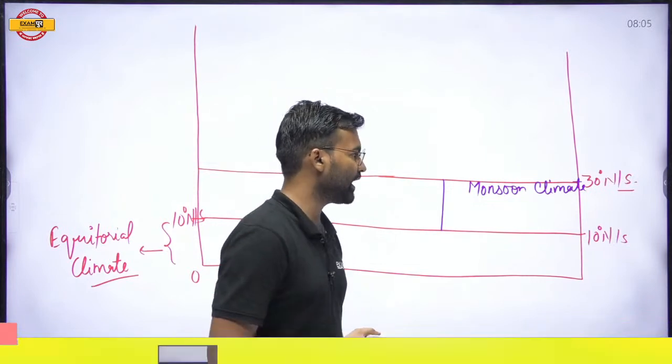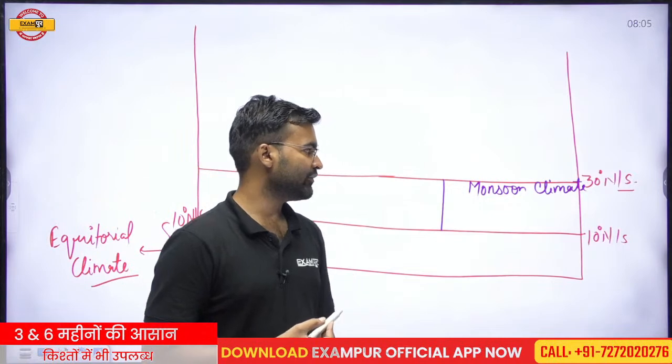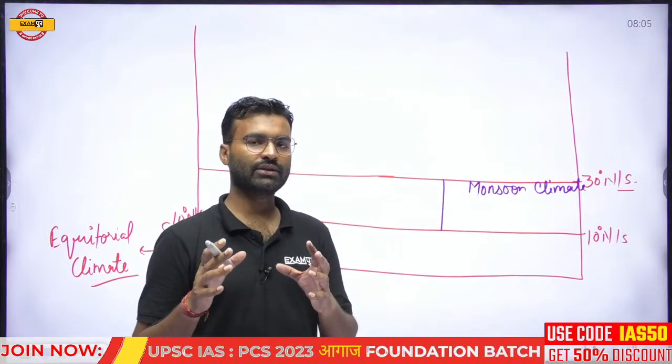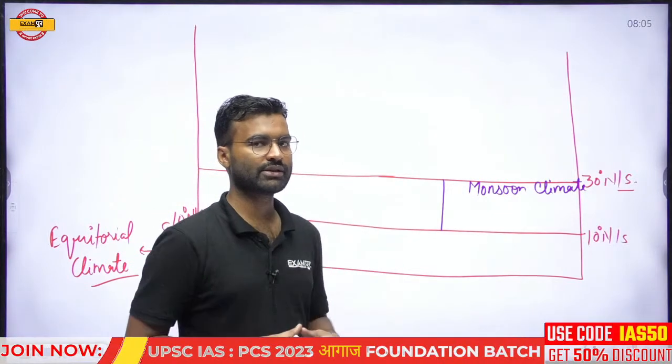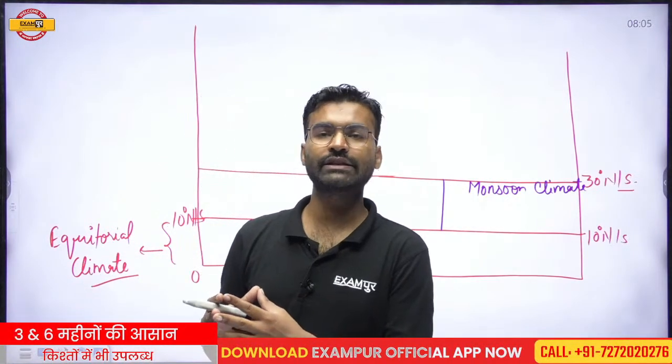During the high temperature or summer season, a mechanism evolves: low pressure is created on the land surface and high pressure on the sea surface.